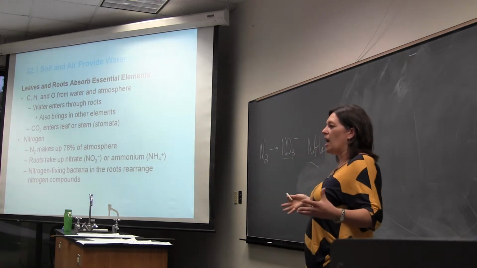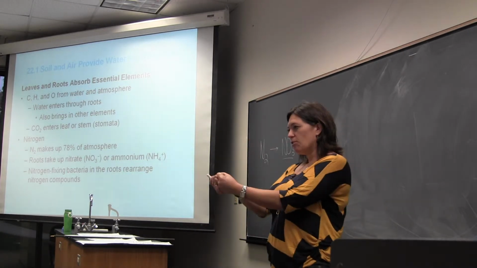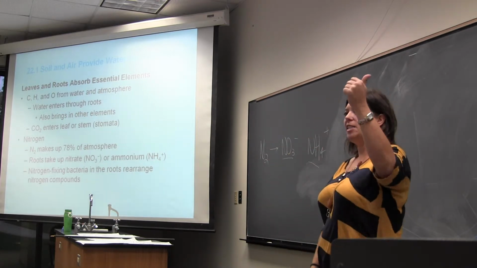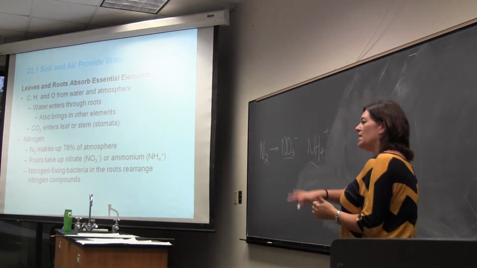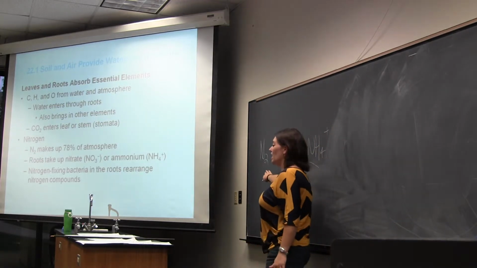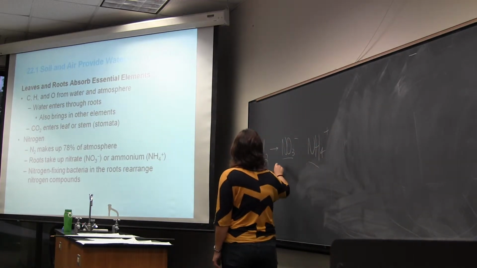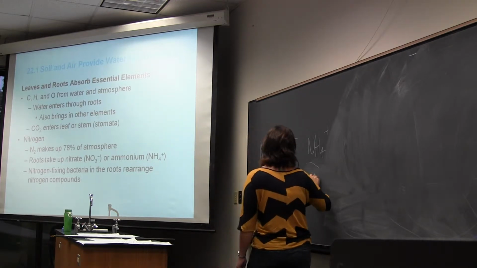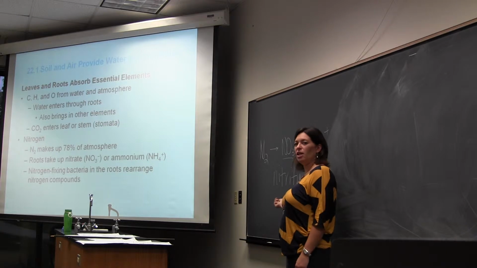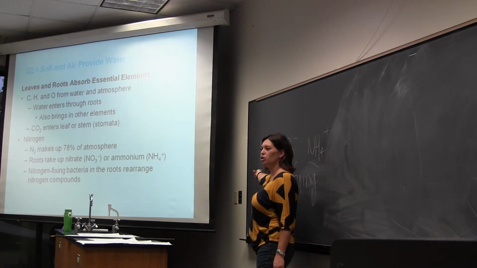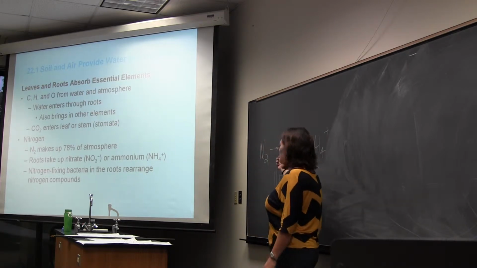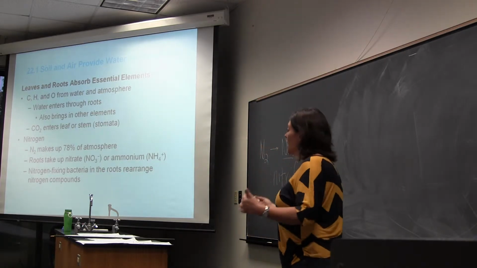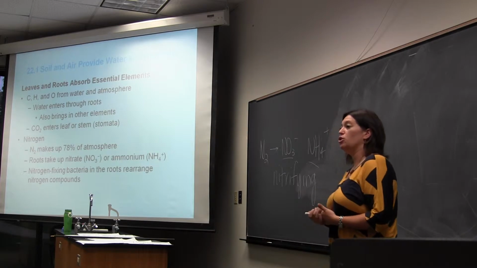So there's a symbiotic relationship between the bacteria living on the roots of plants and the plant itself. The bacteria are there to help convert, or nitrify. They're called nitrifying bacteria. Those nitrifying bacteria take nitrogen gas and convert it into nitrate and ammonia, which are two forms of nitrogen that the plants can take up directly.